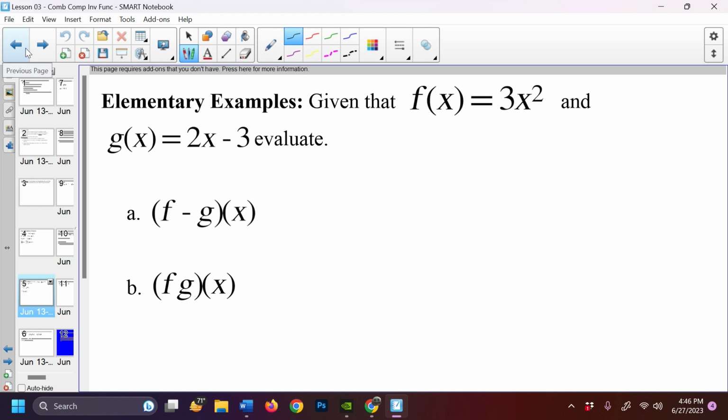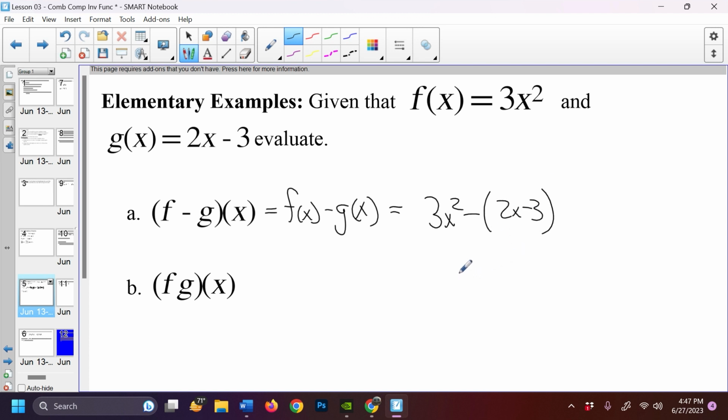Some elementary examples. Let's suppose that f of x is 3x squared and g of x is 2x minus 3. Then if I'm asked to evaluate f minus g of x, that is going to be f of x minus g of x, and once I get there, I'm going to substitute the expressions of both of those functions in, and that'll give me 3x squared minus, and since I'm subtracting, I have to subtract the whole quantity, so I'll put parentheses around that for now.